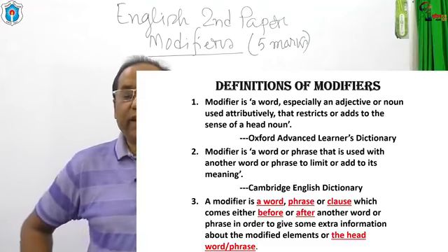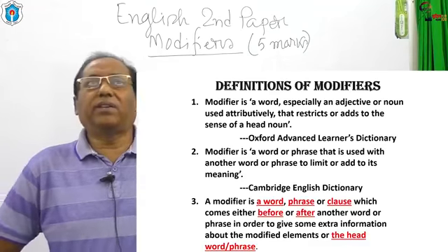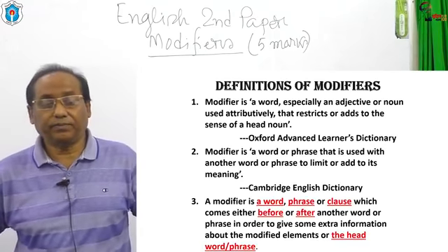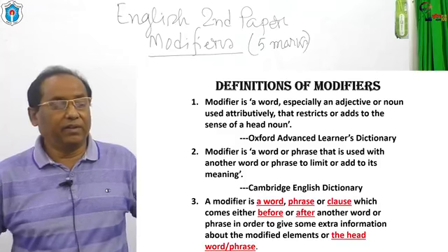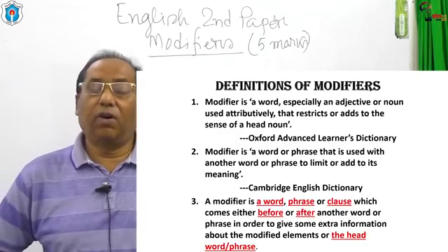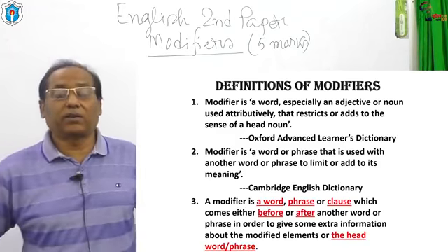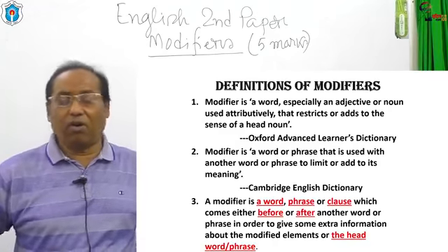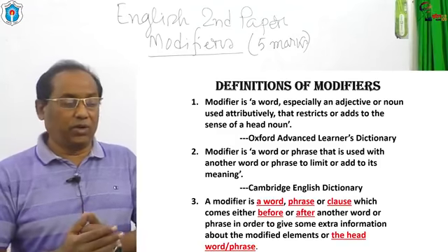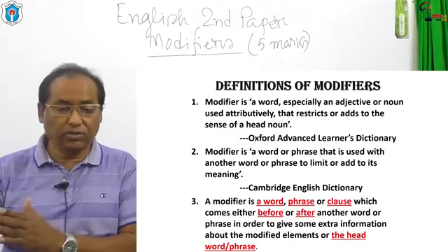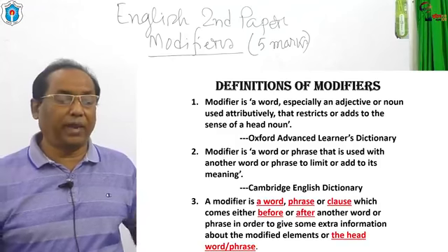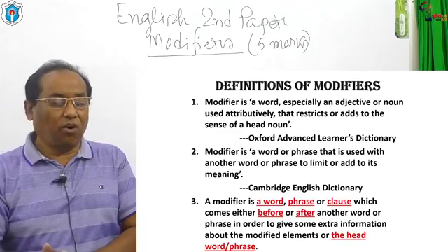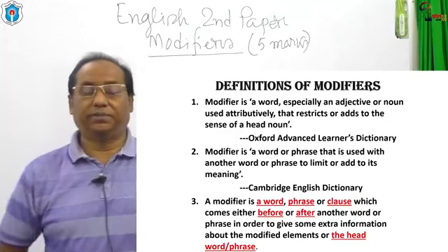Thus, we can give a general definition of modifiers. And what is that? Modifier is a word or a phrase or a clause which comes either before or after another word or phrase in order to give some extra information about the modified elements or the head word or phrase.